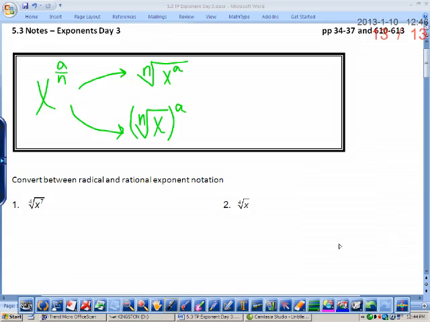All right, so a, the numerator, is the power that you're going to raise your base to. N is the root you're going to take of that base.